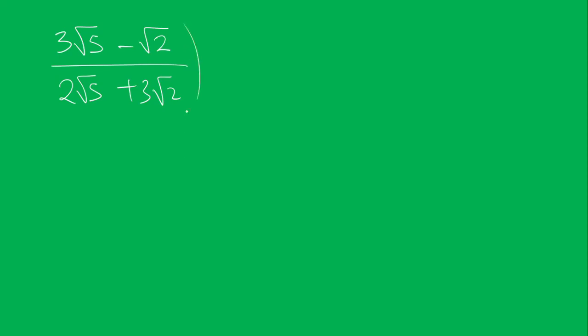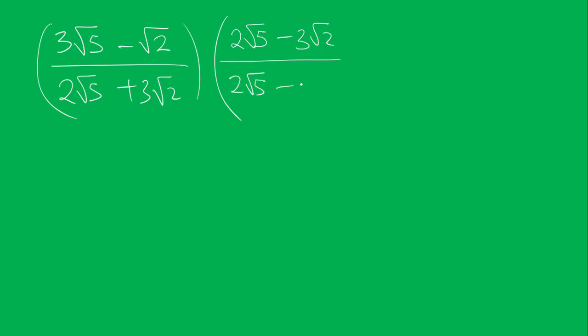So now we are supposed to multiply the numerator and the denominator by the conjugate of the denominator. The conjugate of the denominator is 2 root 5 minus 3 root 2, divided by 2 root 5 minus 3 root 2.